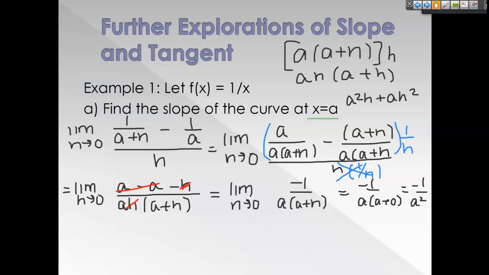Multiplication is commutative. So where that h is doesn't matter. I literally just rearranged the terms and brought it to the front. So does that kind of answer why it doesn't do anything with the a plus h?